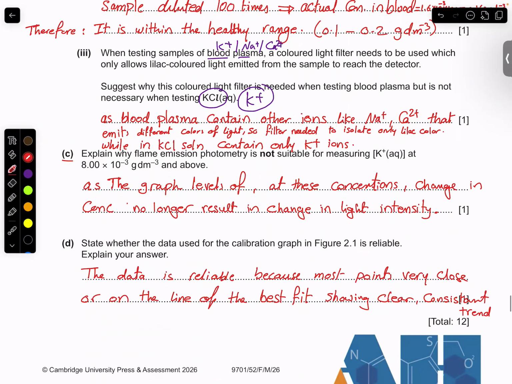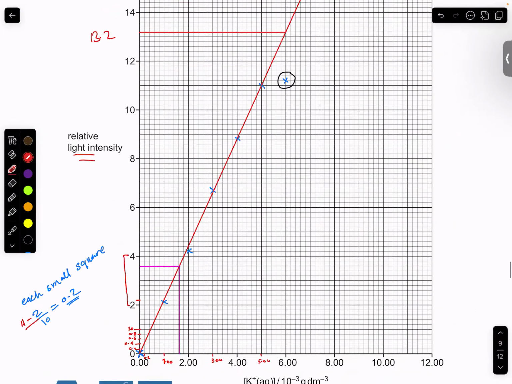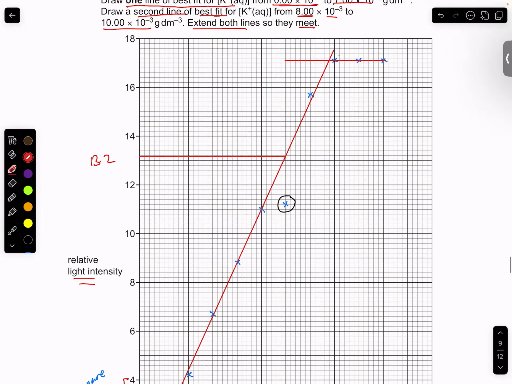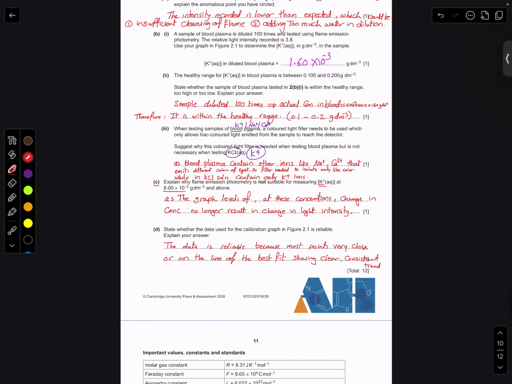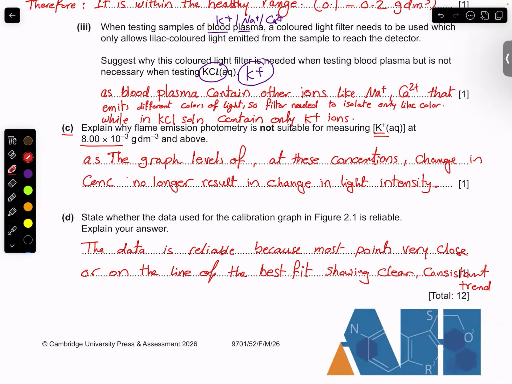Explain why the flame emission in photometry is not suitable for measuring the K ion at 8 times 10 to the power of minus 3. As you can see here, after 8, the graph becomes constant. It levels off.